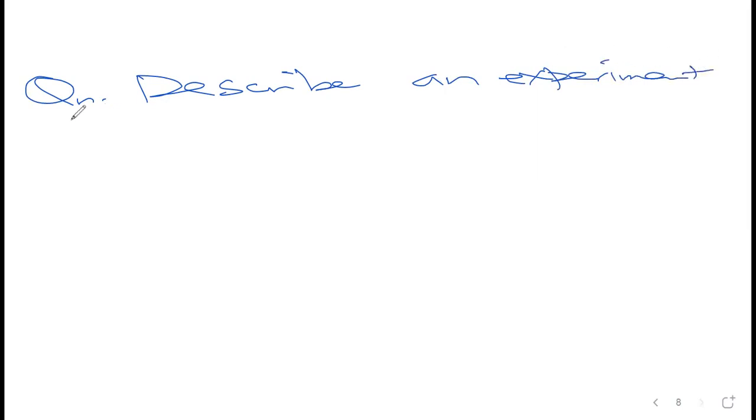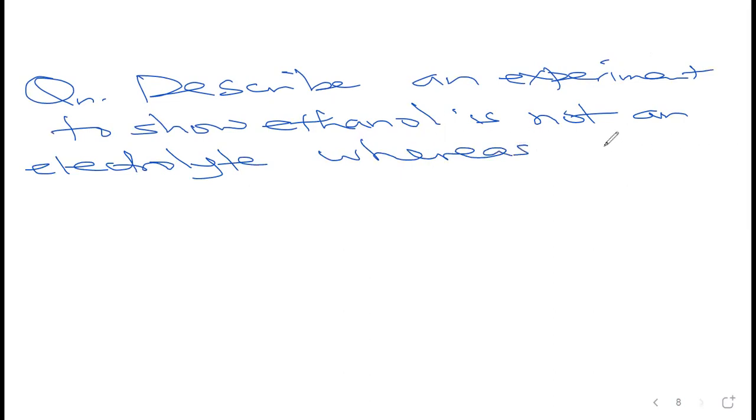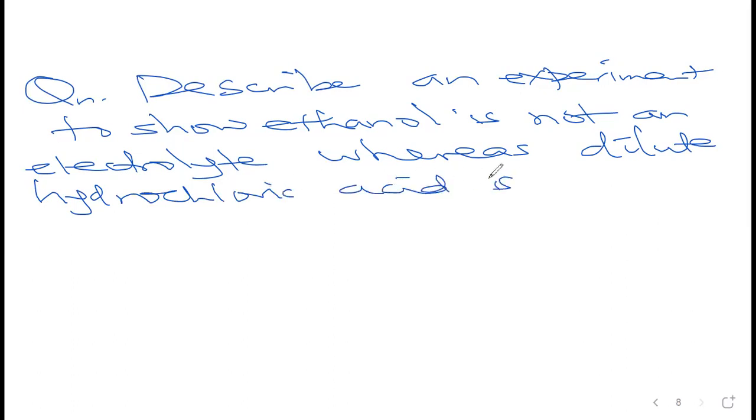The question says, describe an experiment to show that ethanol is not an electrolyte, whereas dilute hydrochloric acid is a strong electrolyte.